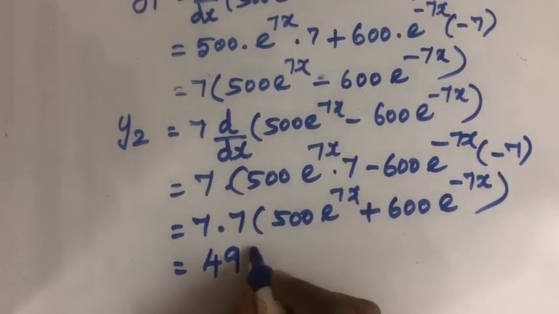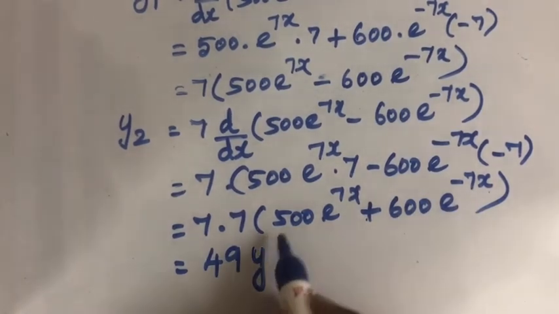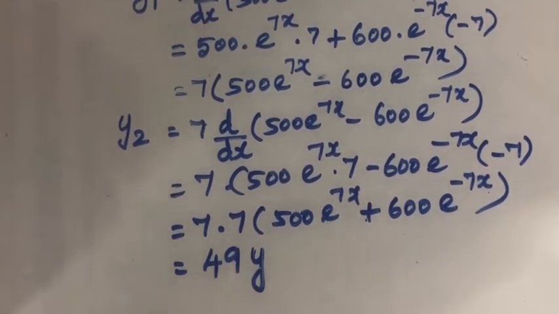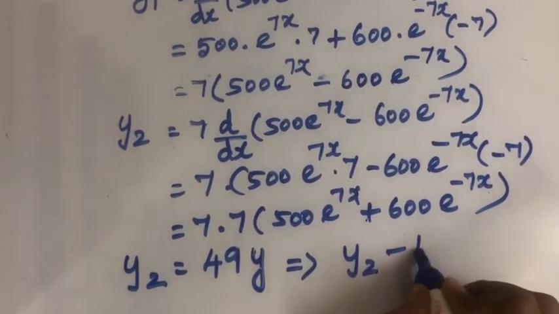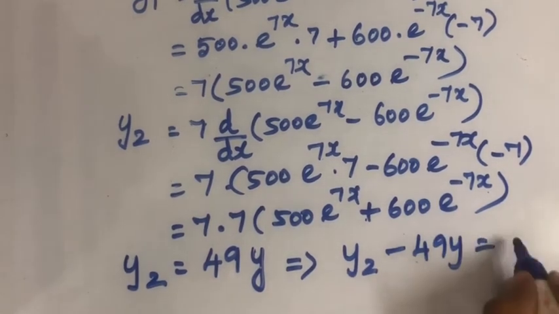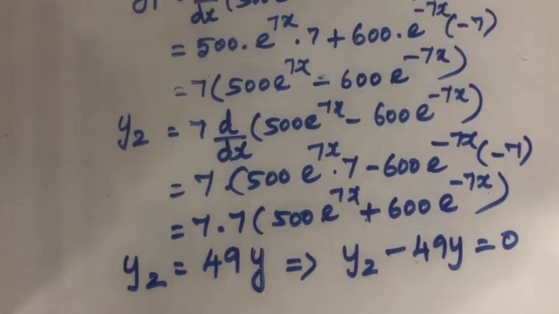It is our y, 500 e power 7x plus 600 e power minus 7x. So 49 into y. What is this? y2. So y2 minus 49y is equal to 0, moving this to the left. That's what we needed to prove.